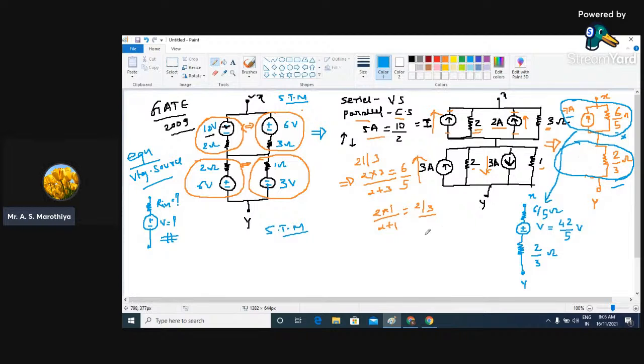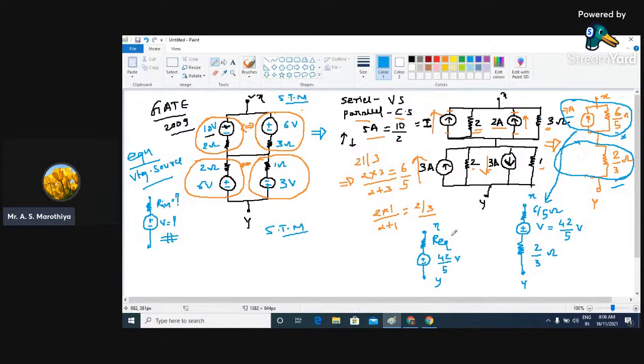Now what we need to do, if suppose we want to replace them by a final answer where we have x followed by y, so here we need to club them by a single practical voltage source. So this is going to be your R equivalent, and this is plus, this is minus, and the value of this voltage source is going to be 42 by 5 volt.